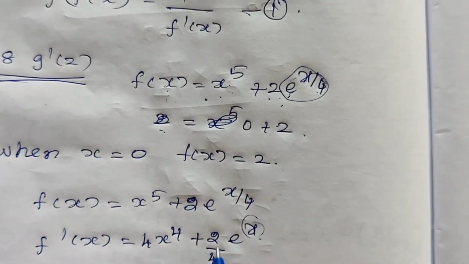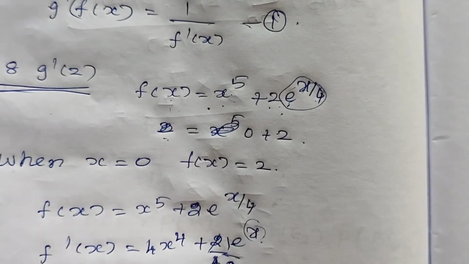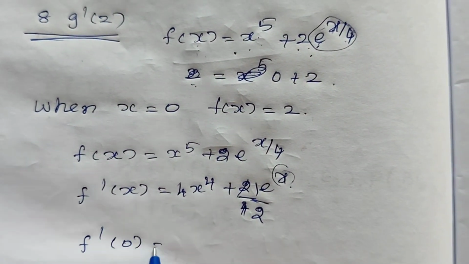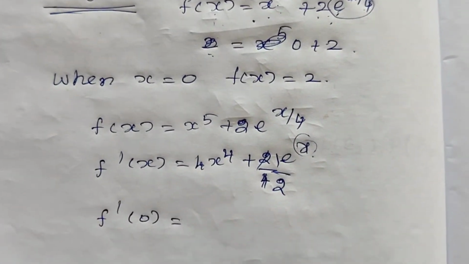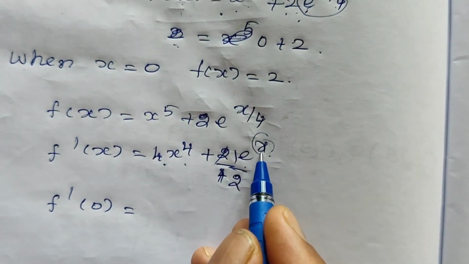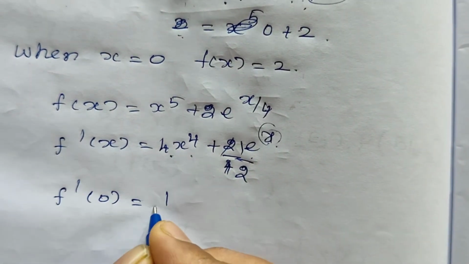So 2 by 4 equals 1/2 e^x. Now we have to find f'(0), x equal to 0. That is 0 for the first term, then e^0 is 1, therefore 1/2.